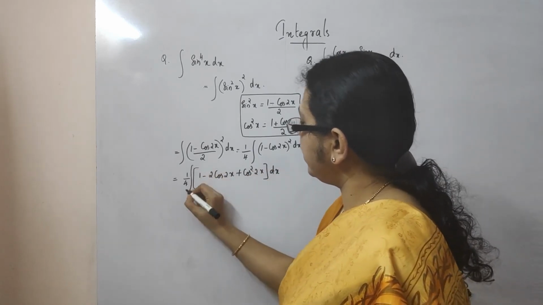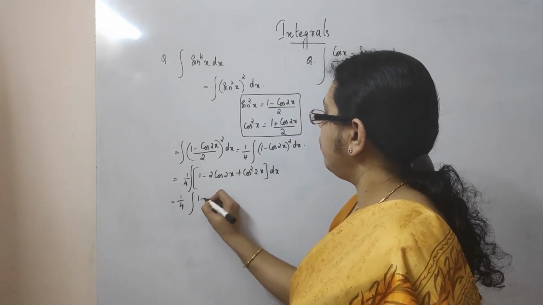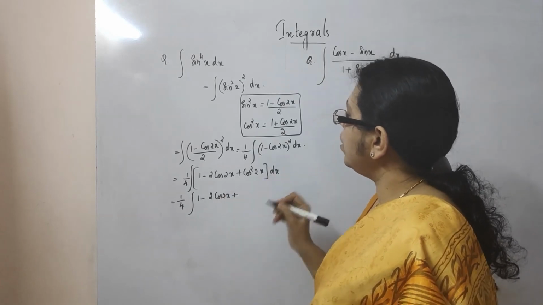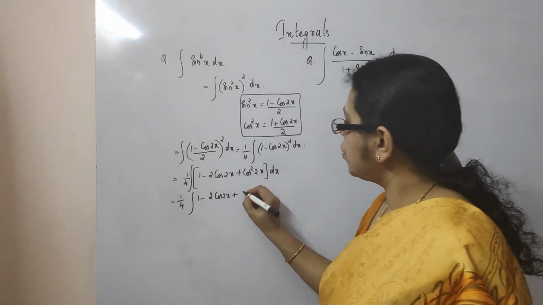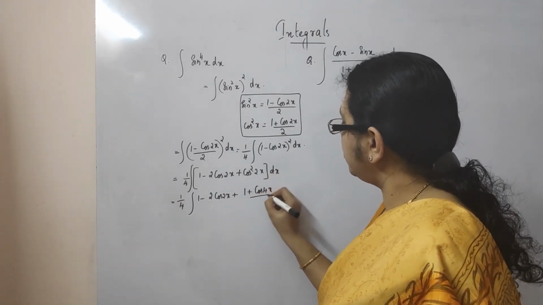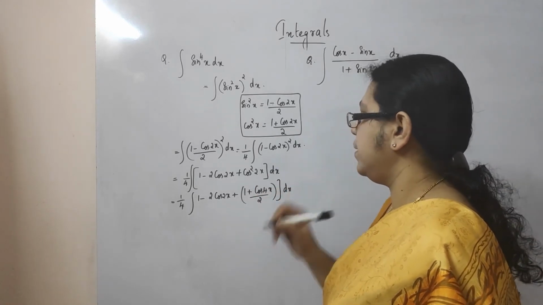Here I haven't integrated it. That is 1 by 4 times integral of 1 minus 2 cos 2x plus, what is cos squared 2x? cos squared x is 1 plus cos 2x by 2, so cos squared 2x is 1 plus cos 4x by 2, correct, into dx.